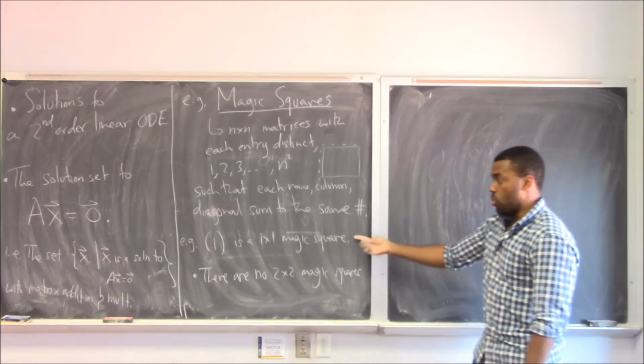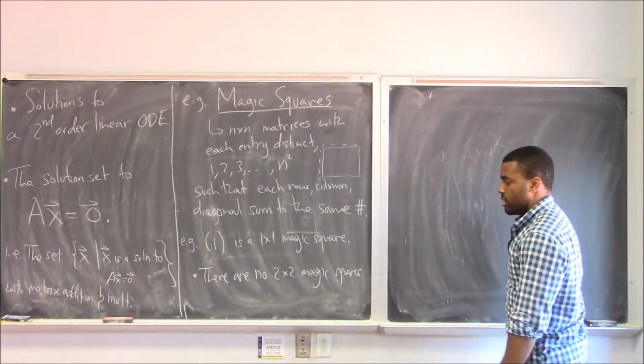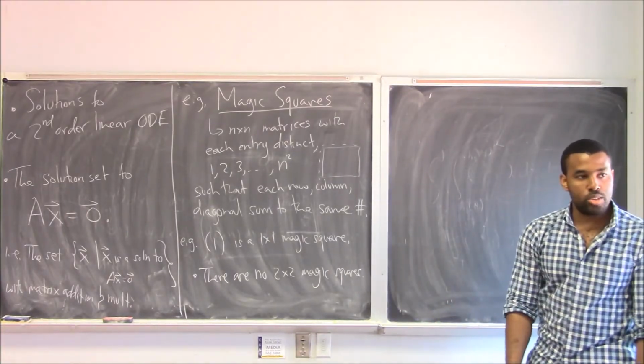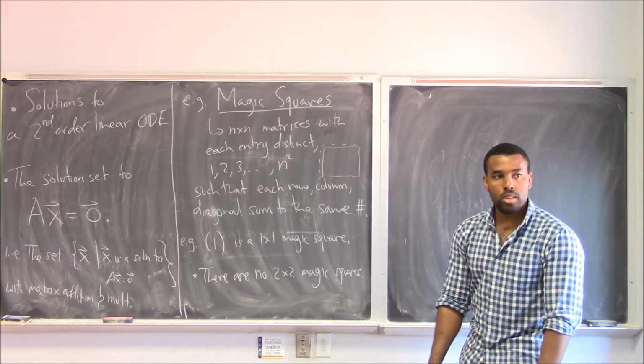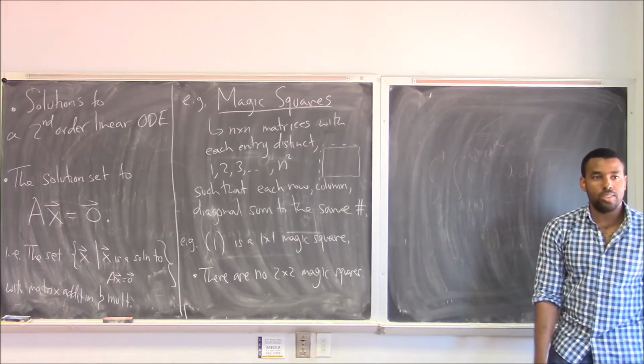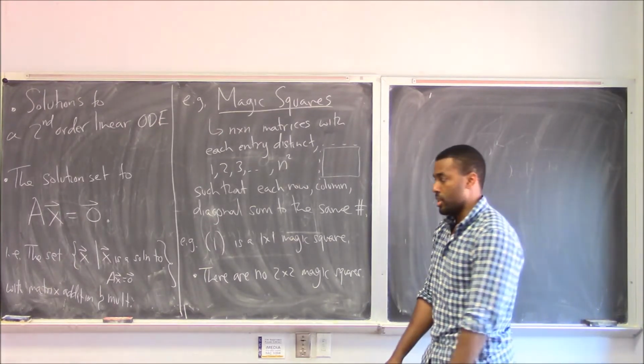So it turns out there's a 1 by 1 magic square, there's only one. Turns out you can't create a 2 by 2 magic square. You can't arrange the numbers 1, 2, 3, 4 in a square matrix such that the diagonals, the columns, and the rows all add up to the same number.